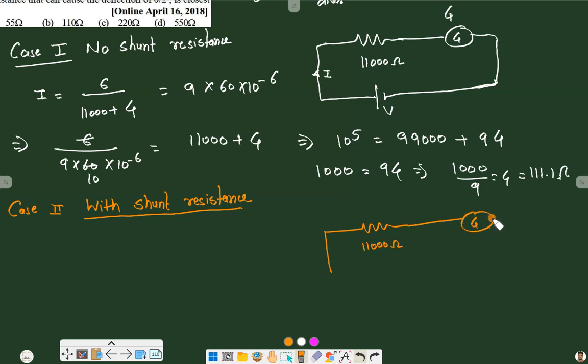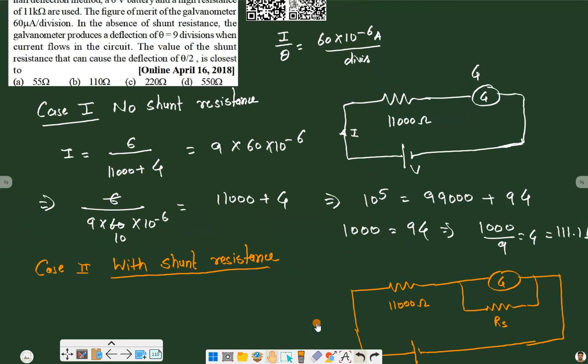This is the galvanometer. Resistance of the galvanometer is known to us, 111, and here we have a shunt resistance in parallel to it, that is RS, and this is our 6 volt battery. So now our circuit looks like this, and we have to find the value of the shunt resistance.